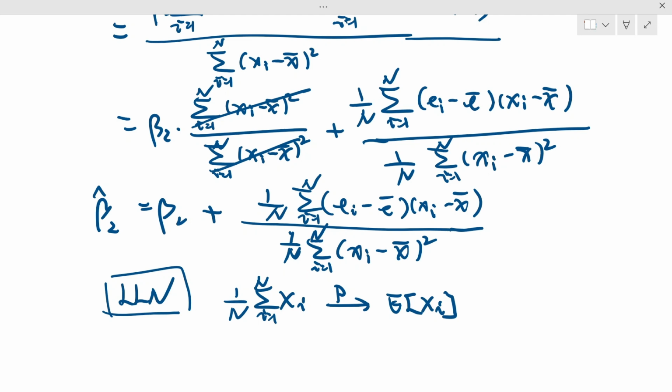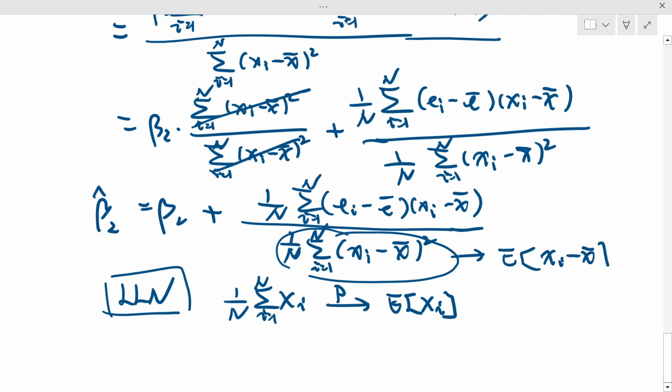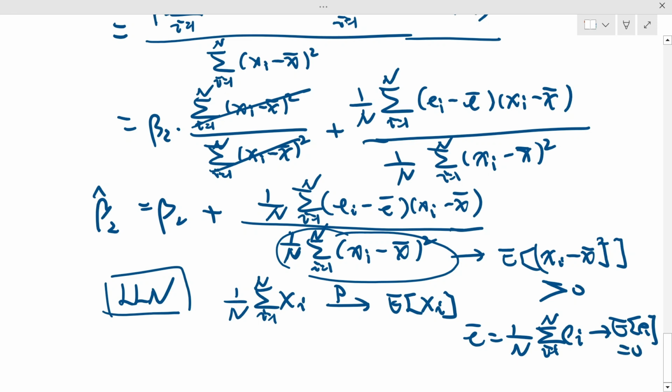So now, given this law of large numbers, we see that these terms converge to non-negative numbers. So this is non-negative. Actually, it's positive. And e bar, which is 1 over n times the sum of e i, converges to the expected value of e i, which is equal to 0. So this term disappears.